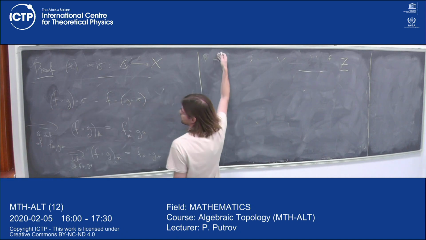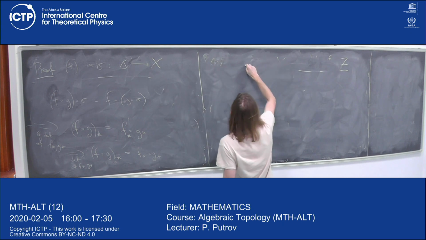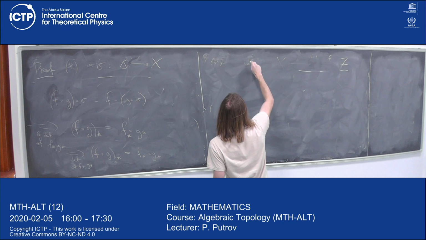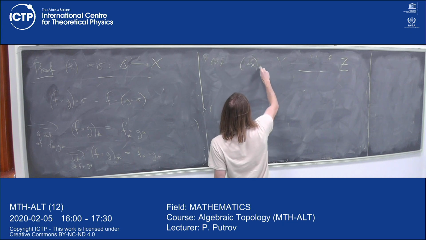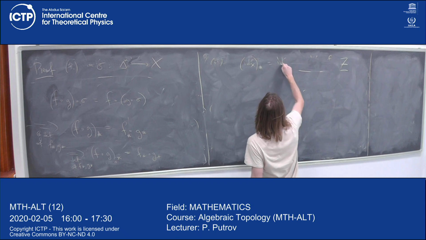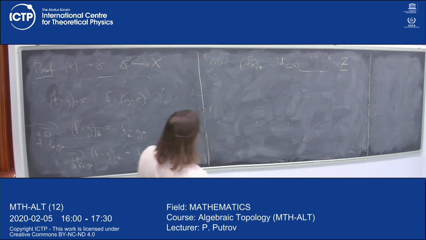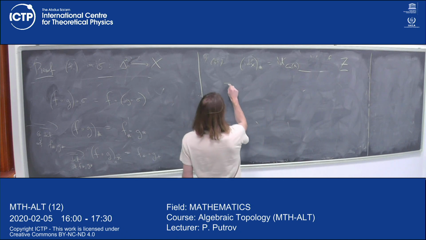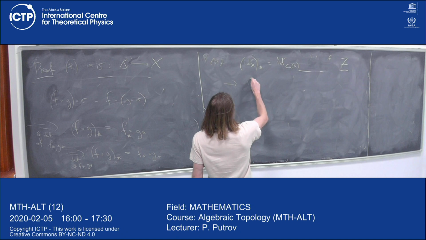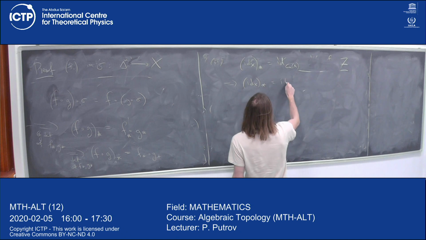Same for the second part. We know that if we consider identity on X, its induced map on the chain complex will be identity on Cn of X by definition. And then it follows that identity on X star is identity.